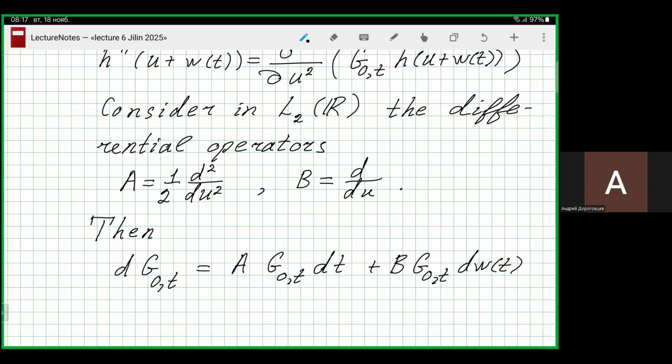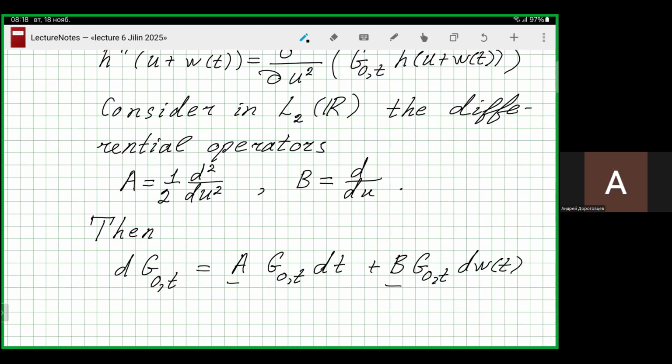It looks at first sight that we can proceed as follows: take arbitrary differential operators here, and then consider the equation, a so-called stochastic partial differential equation, then try to find its solution and get the semigroup.